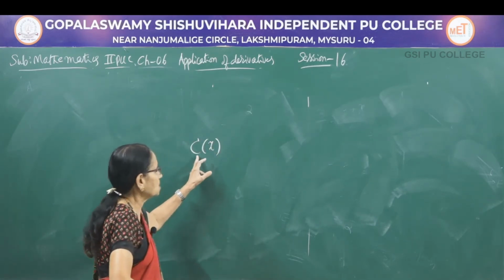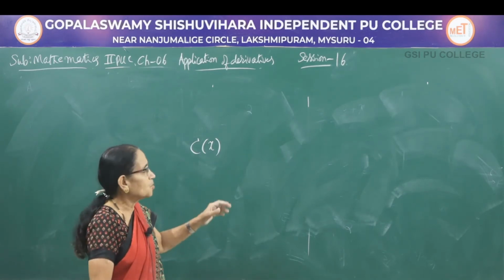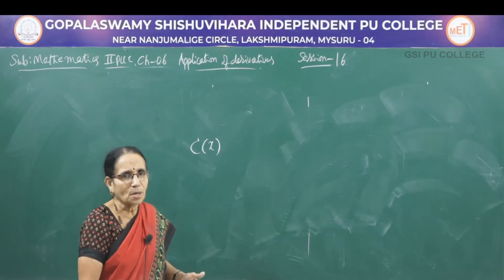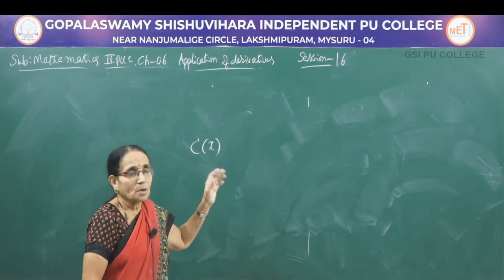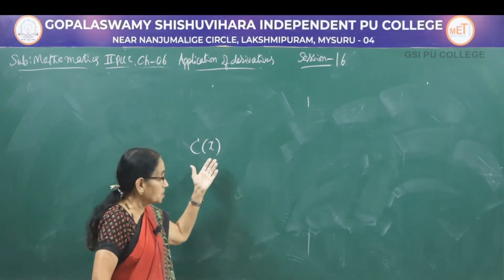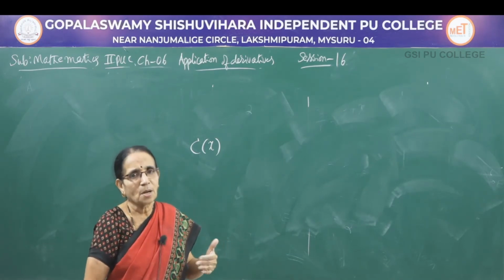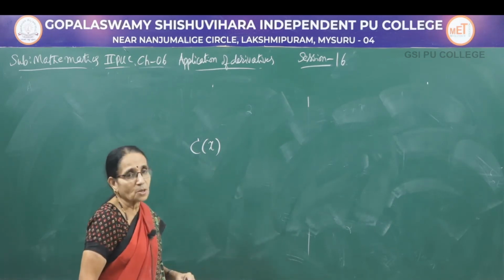Here C is for the cost, x for the number of units manufactured. Like we write y equal to f of x in mathematics, here C of x is the cost function for manufacturing x units of some article. So, it is called a cost function.